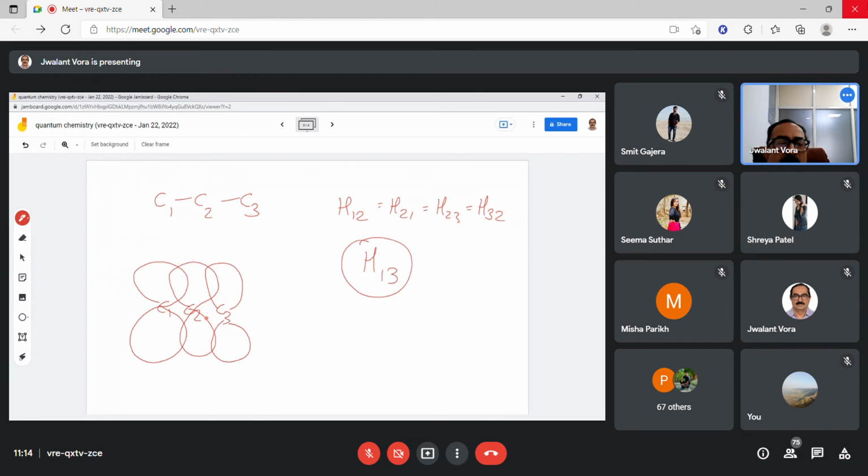So 1 અને 2 વચ્ચે ઓવરલેપિંગ છે, 2 અને 3 વચ્ચે ઓવરલેપિંગ છે. H12 is equal to H21 is equal to H23 is equal to H32. પણ 1 અને 3 વચ્ચે ડાયરેક્ટ ઓવરલેપિંગ નથી.